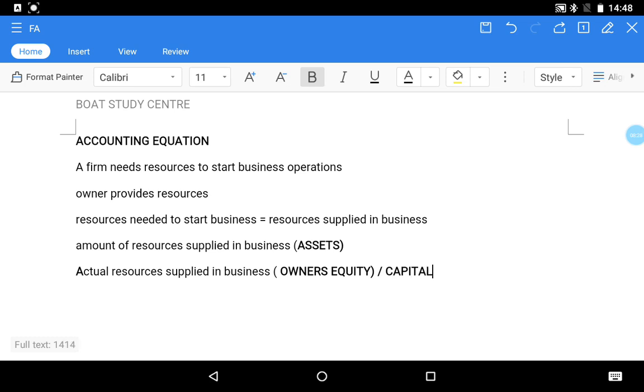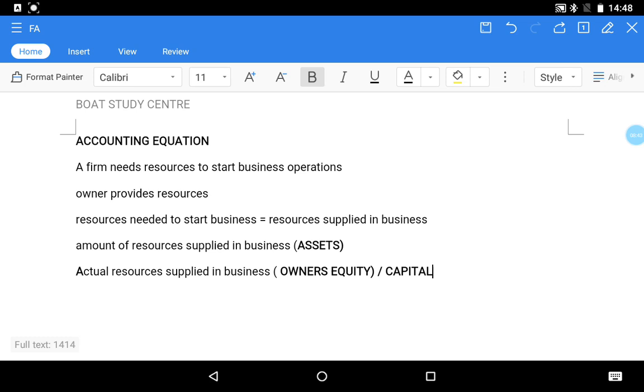In short, the person who brings money into the business sees those things as capital, while for the business you see those resources as assets.